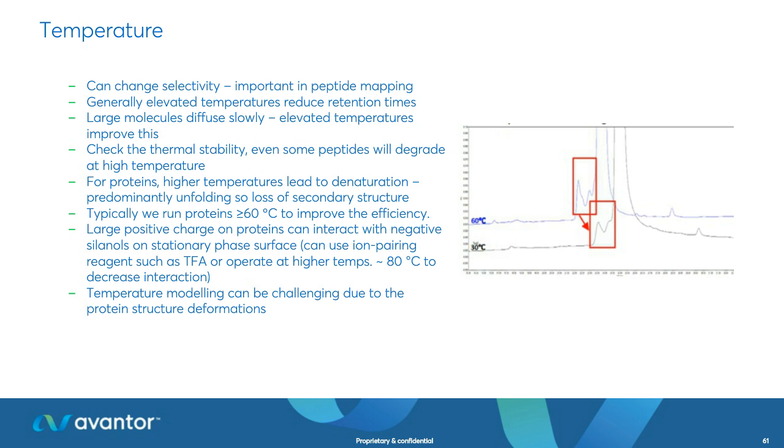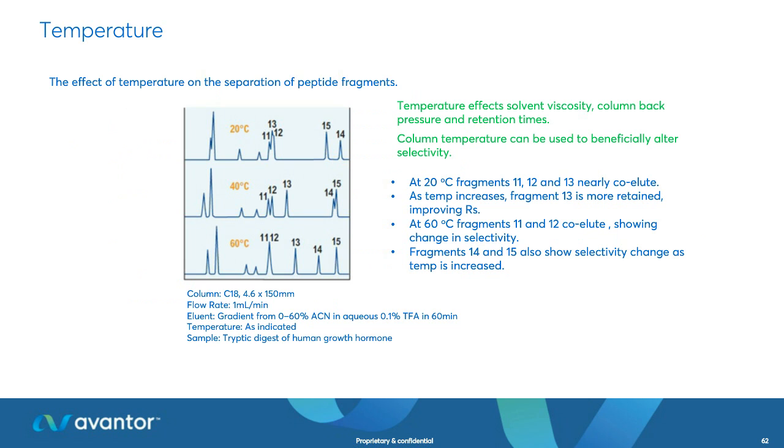It has denatured the protein, it's unfolded, but it's given us a better separation. And we do that a lot for things like the oligonucleotides as well. Whereas for peptides, just consider temperature and how it's going to affect the structure of your protein, or potentially the structure of your peptide if it's got any tertiary structure as well.